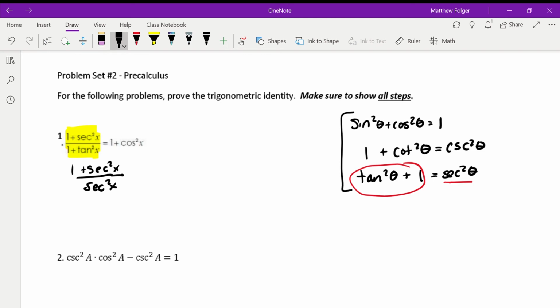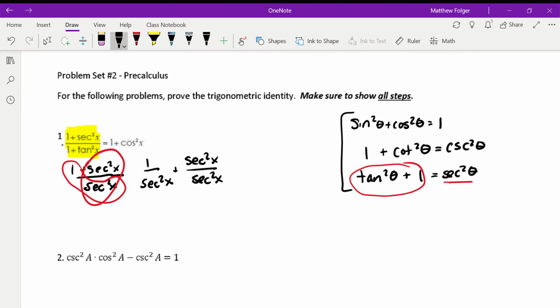Now, some of you guys got stuck here, some of you guys didn't. There's a couple different ways of going about this. There's an easier way and a harder way. You could take everything and make it into sine and cos. Another way to do this is you're allowed to split those up. So you can take this and write 1 over secant squared x plus secant squared x over secant squared x.